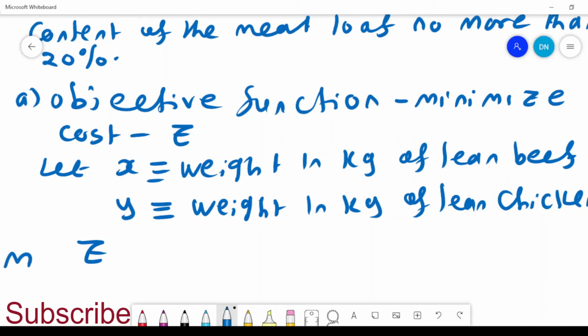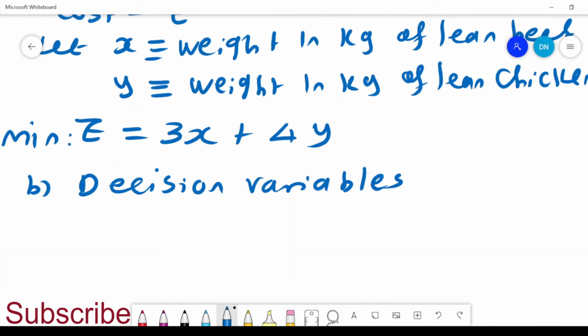We want to minimize z, which will be equal to 3x plus 4y, because 1 kg of lean chicken will be equal to $4. And the decision variables: we have x plus y is equal to 1. That means the quantity of x plus the quantity of y should be equal to 1 kilogram.